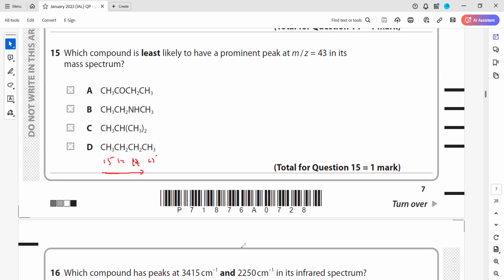When there's a branch, you have to include them as a fragment as well. Like CH3, CH is there, and then CH3 and CH3. Because it might break like this, or it might break in this manner. So 29 plus 14, so that will also make 43. So the one which will not make 43 is B.